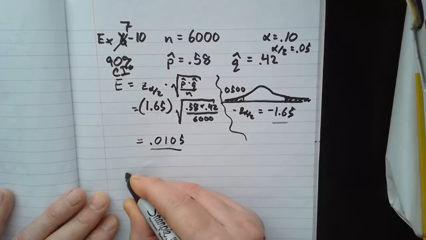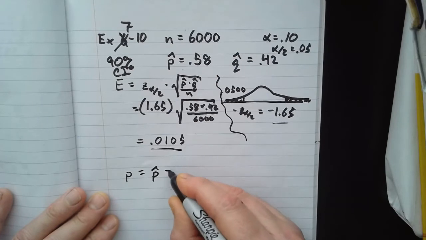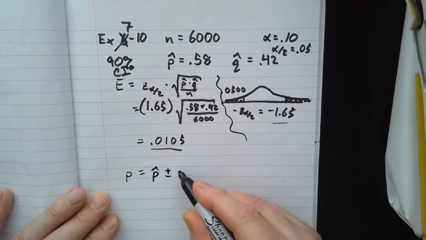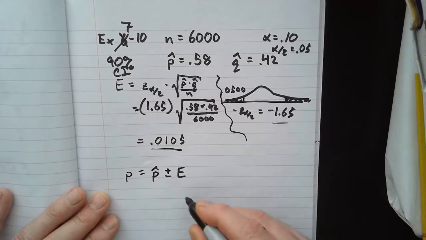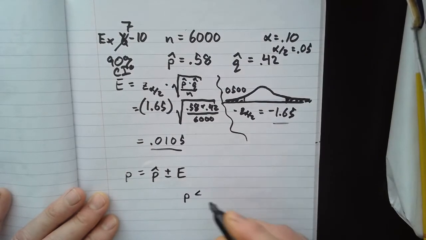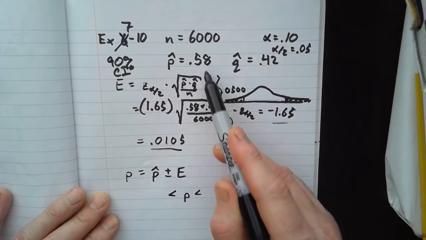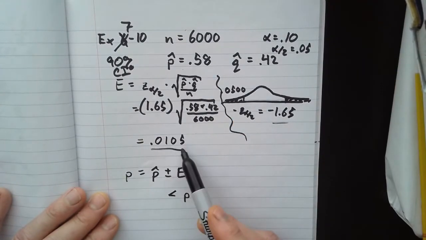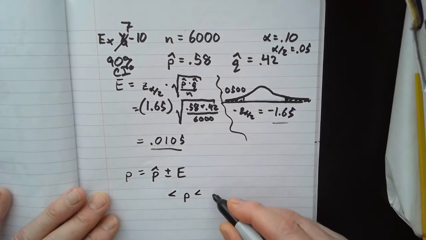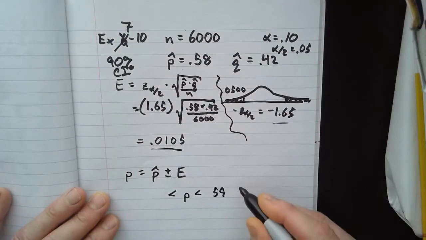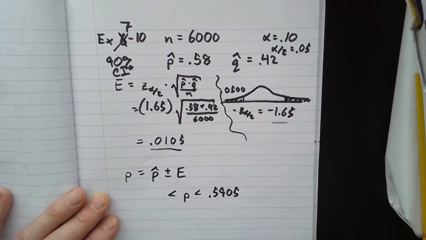So remember, p, the true proportion, is going to be, I'll write it just like p hat plus or minus E. Okay, and so remember, that means p is in between, well, on the one hand, we're going to take 0.58 plus 1.05%. Okay, so that'll give us 0.5905. All right.